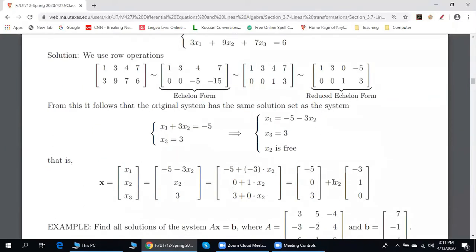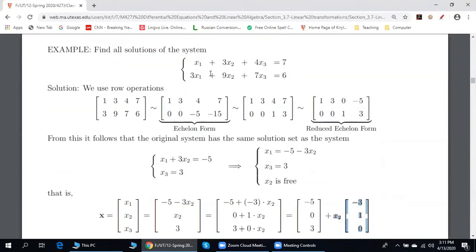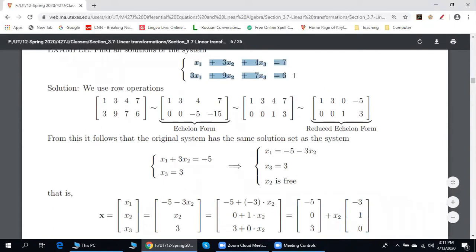Now, I claim that the second portion is the general solution, but not of this system, of the corresponding homogeneous system. Why is that? Homogeneous system means instead of 7 we have 0, and instead of 6 we have 0.